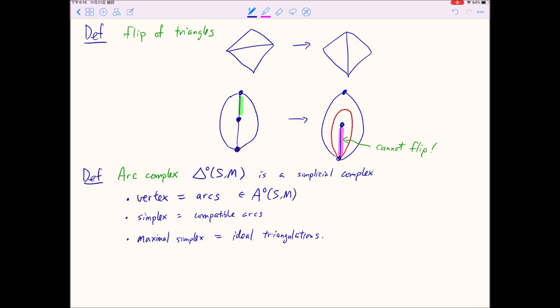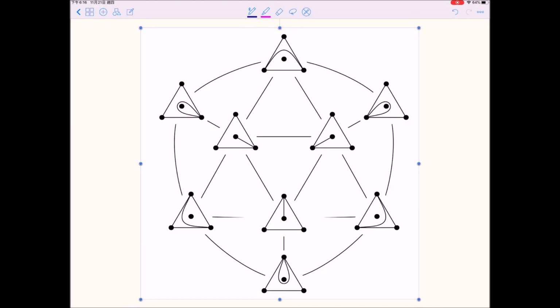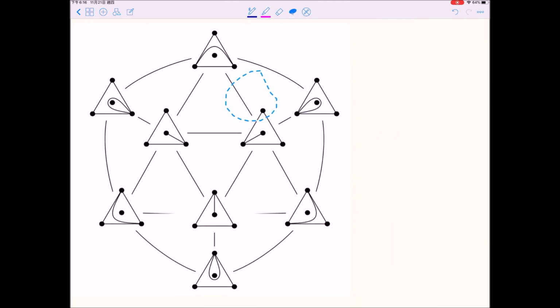And we can also talk about the dual graph, and we denote this by E. So for the dual graph, the vertices will be triangulations, while the edges will correspond to flips of the triangles. So just look at a simple example.